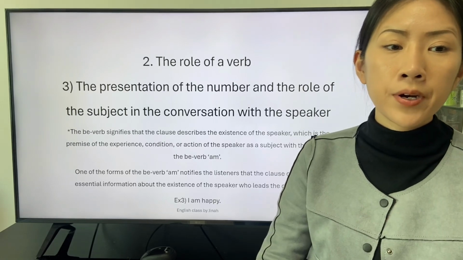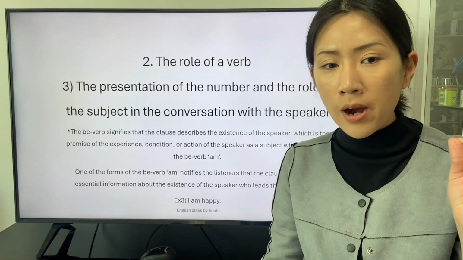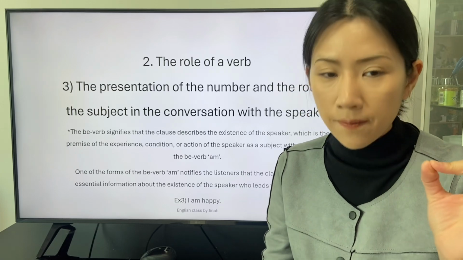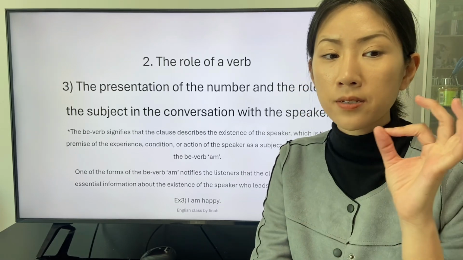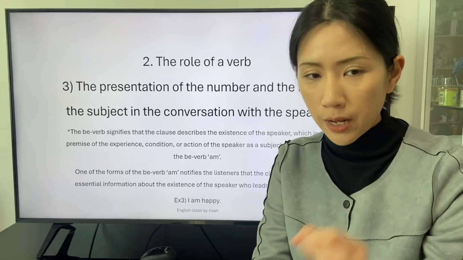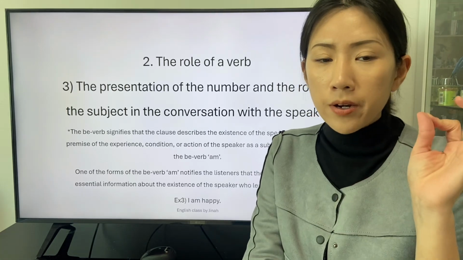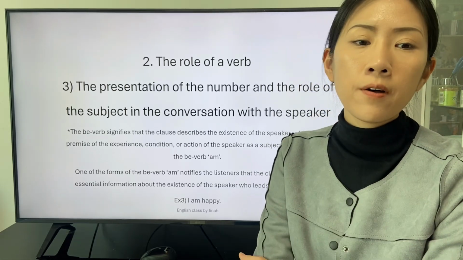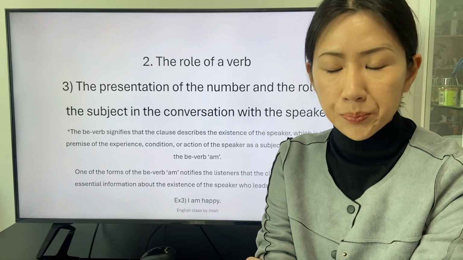The Be-verb signifies that the clause describes the existence of the speaker, which is the premise of the experience, condition, or action of the speaker as a subject, with the form of the Be-verb "am."